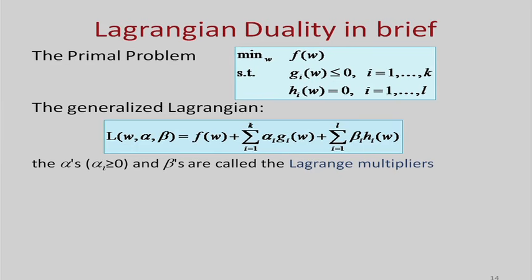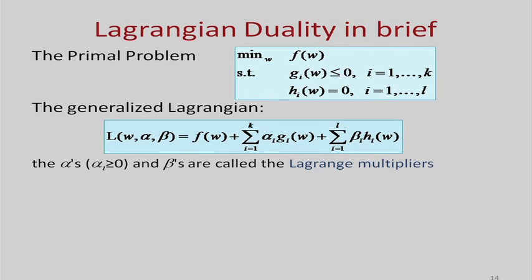So, before we look at how to get the dual of this particular formulation, let us very briefly talk about Lagrangian duality. Suppose we take a general problem and its primal formulation is given by an optimization problem where you want to minimize f(w), where w are the parameters.